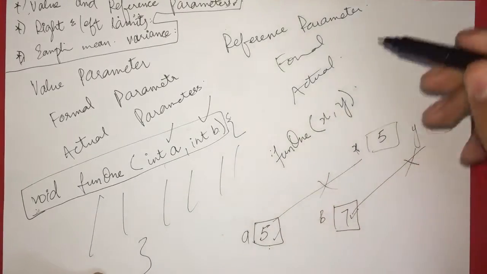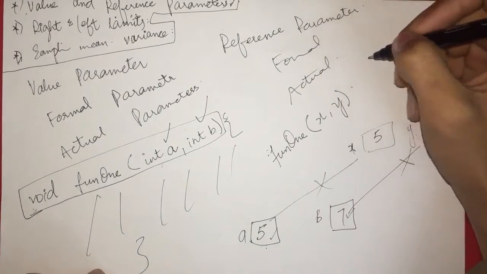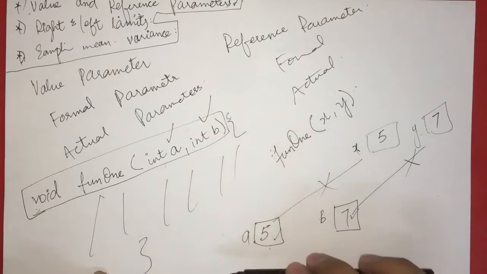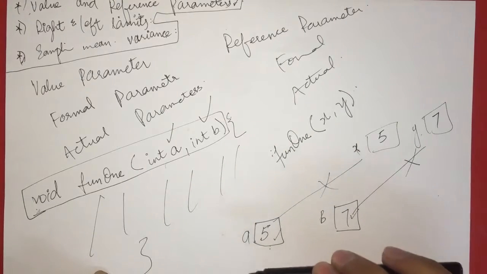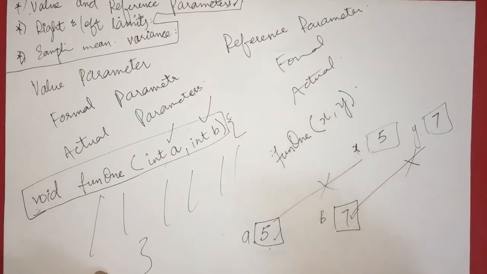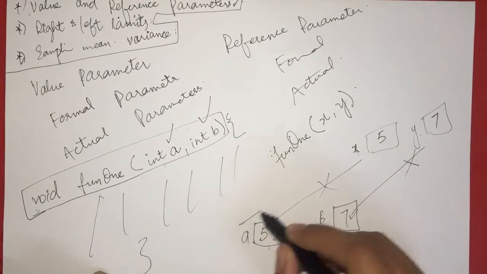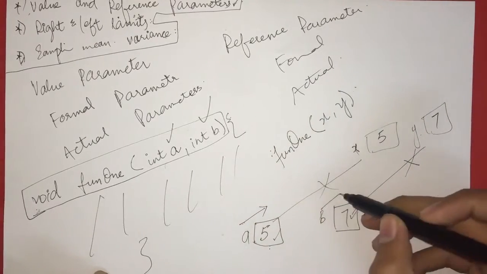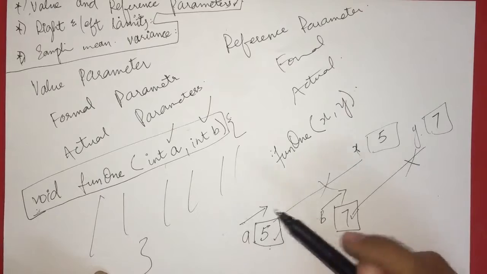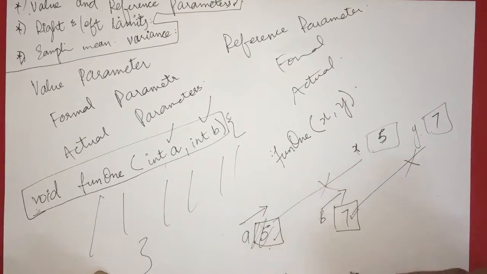Now coming towards your reference parameter. In a reference parameter, the formal parameters don't actually receive a separate copy. Instead, they receive an address to the actual parameter's value. For example, x is 5 and y is 7.